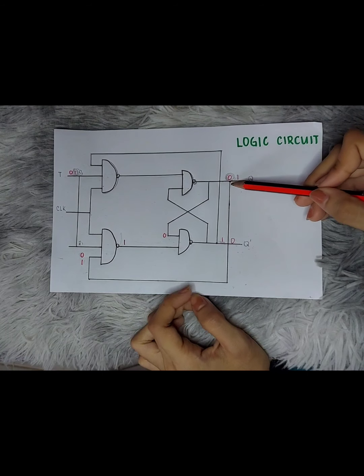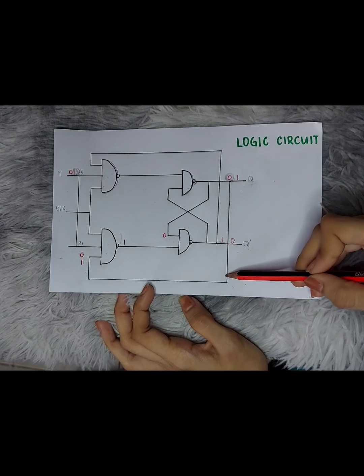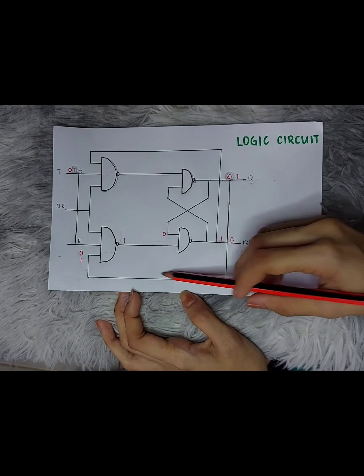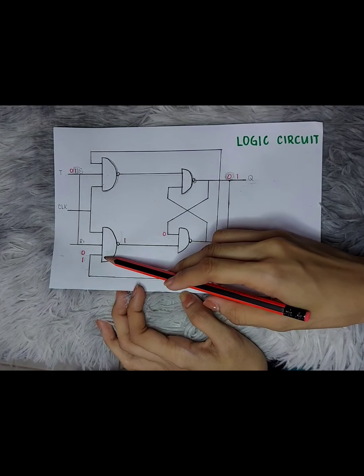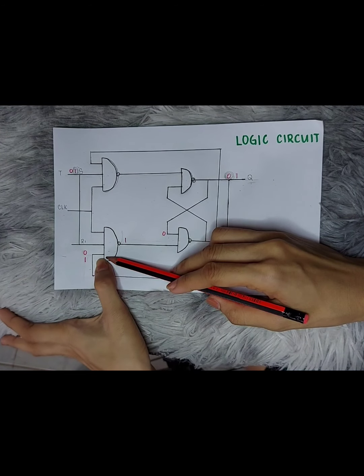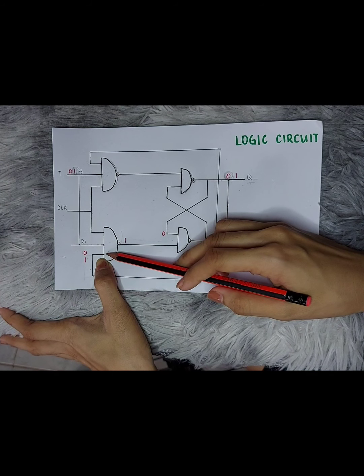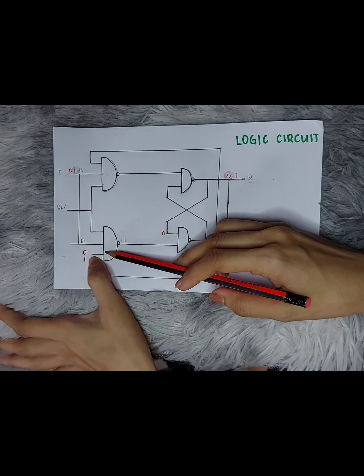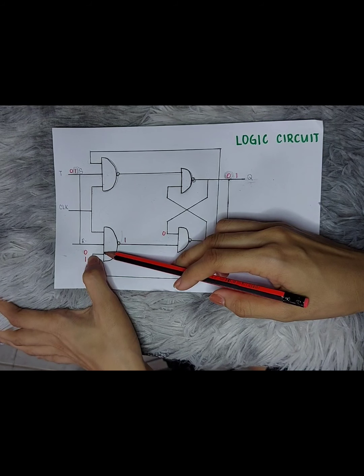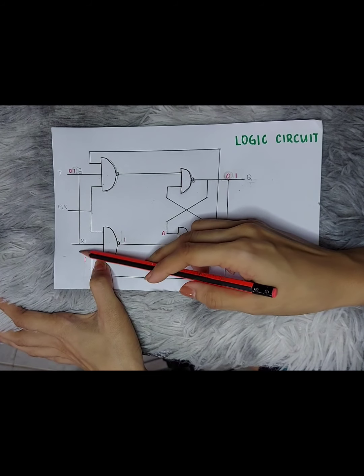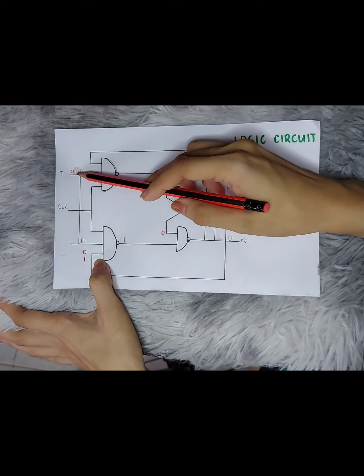If the Q is the output, it will be one of the inputs of the 3-input NAND gate, to be 0 here, and 1 as another input.